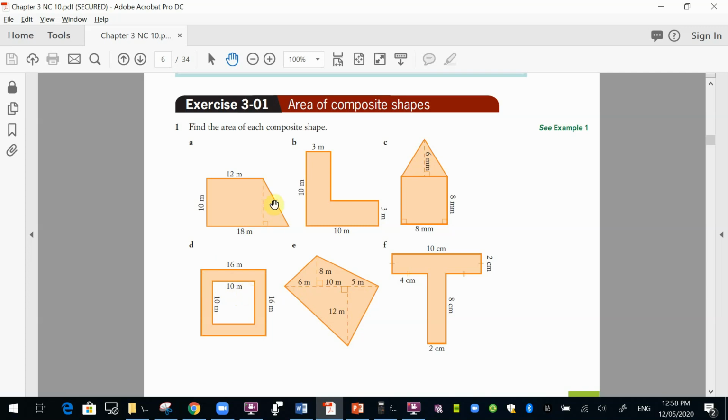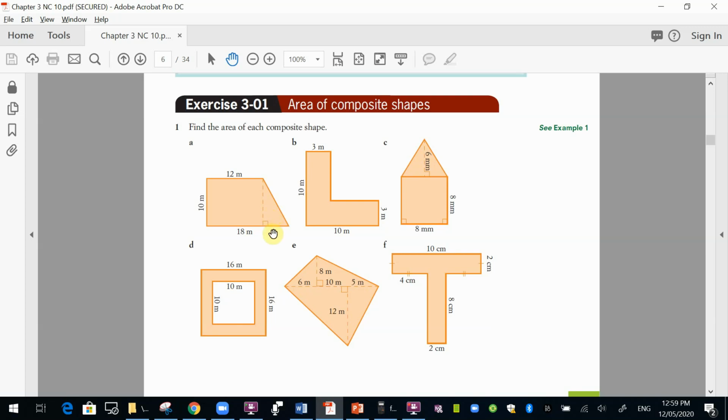So for a composite shape like this one, we add two areas or more than two areas. For this one we have a rectangle, so you find the area of the rectangle, and here we have a triangle, so you find the area of this triangle.